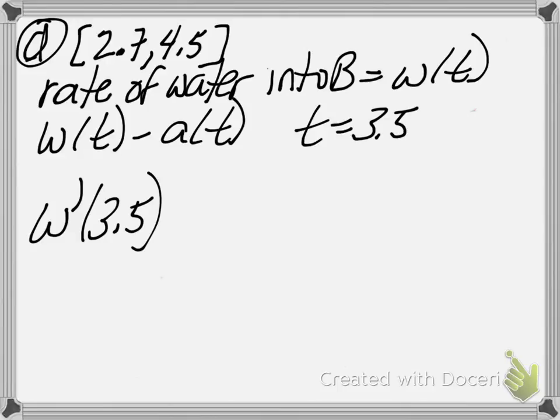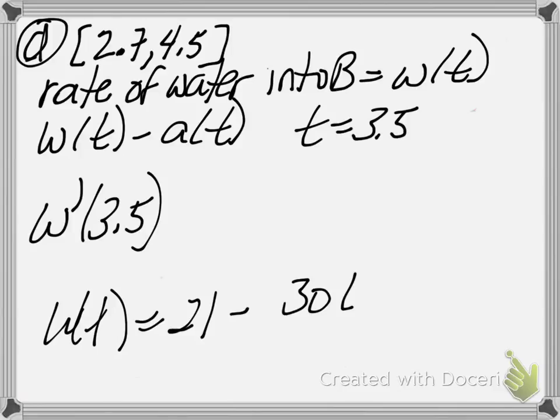It's this thing, W of T is this. They gave it to you. Okay, so you're going to want the derivative of that, and you're going to do that in your calculator. Okay, I'm sorry.